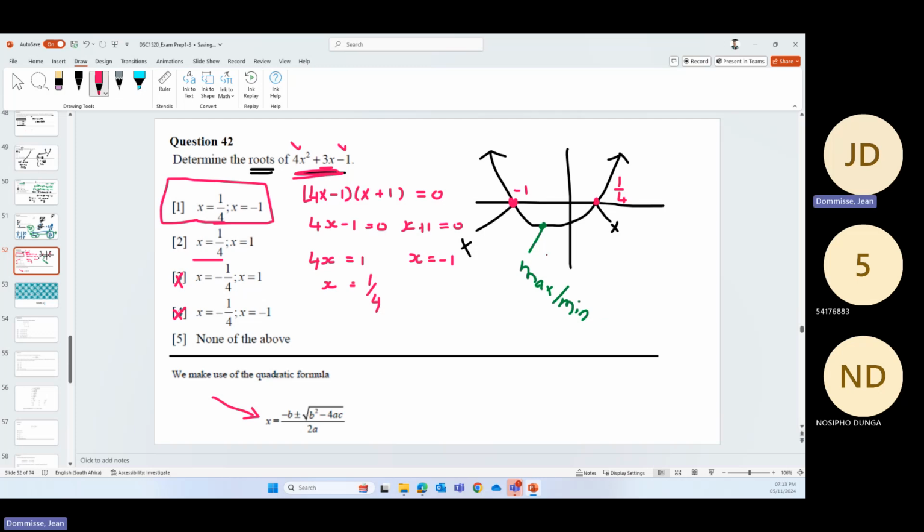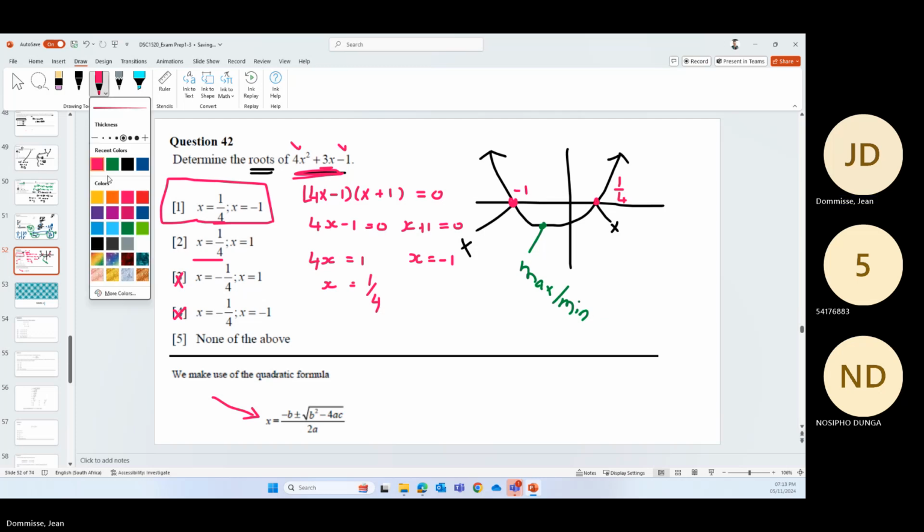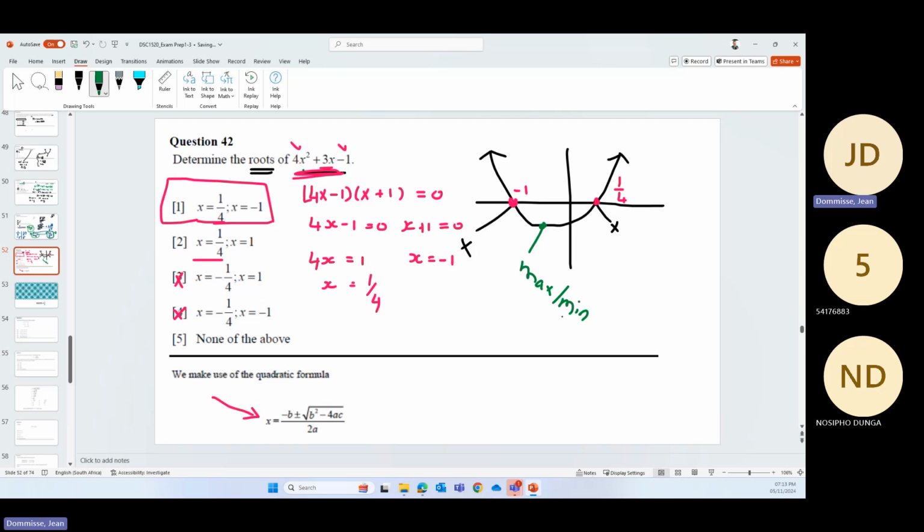If we wanted to work out the turning point, the maximum or minimum, then we could have taken the differentiation of that. So let's just show that as well. We need to differentiate that.